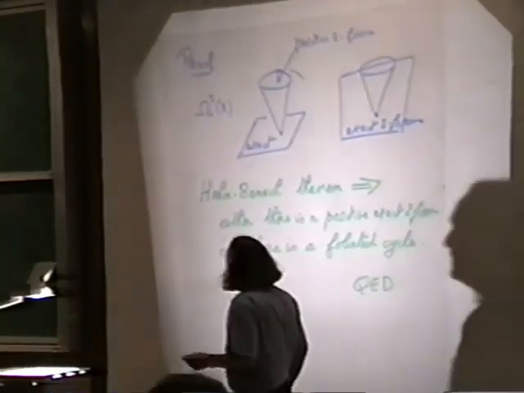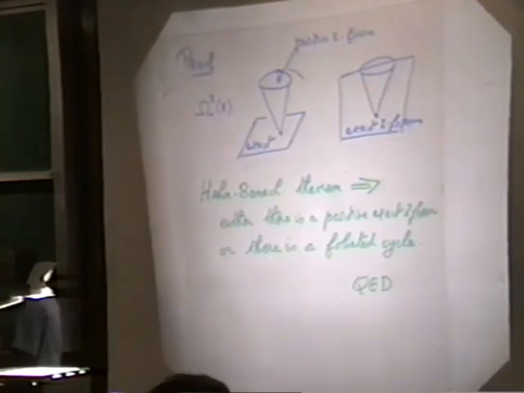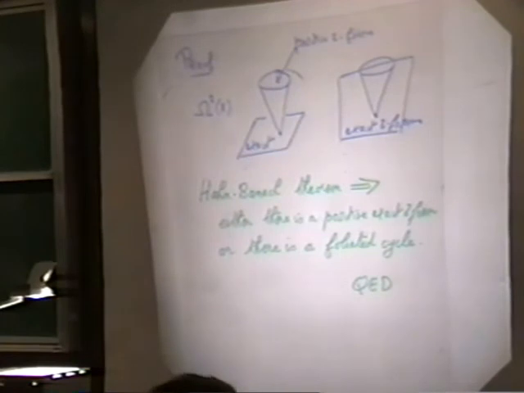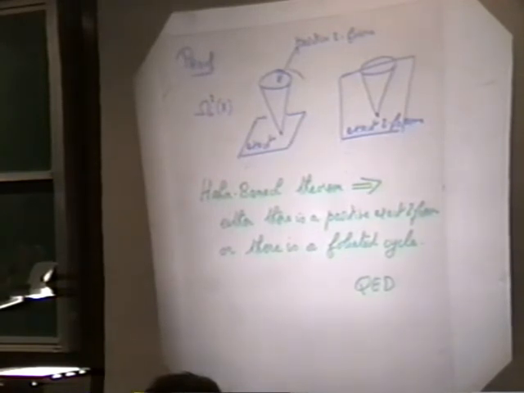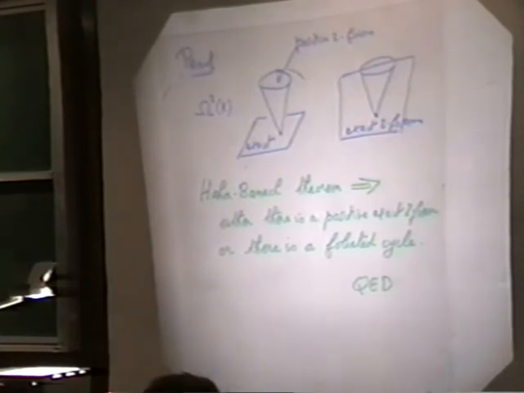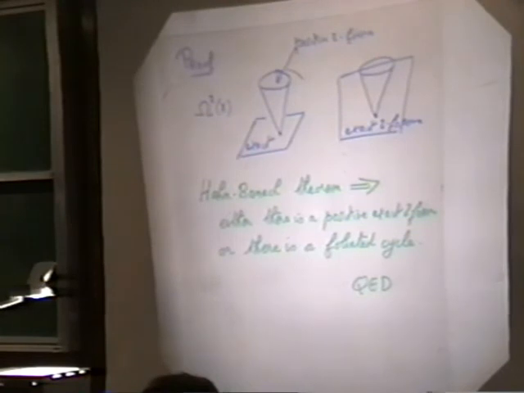You look in the topological vector space of all two-forms. You have a cone, the cone of positive forms, and you have a subspace, the subspace of exact two-forms. And you can have two possible configurations. One, the subspace could intersect the cone only at the origin, or the subspace could intersect the cone non-trivially.